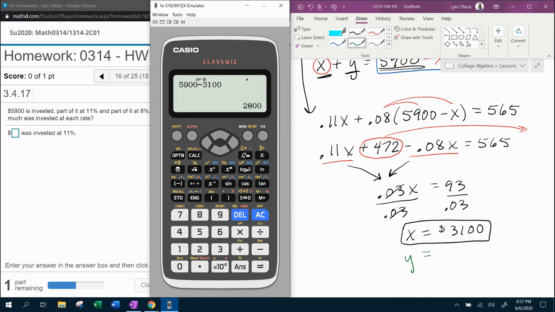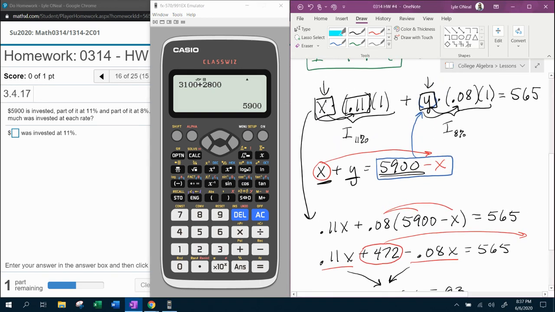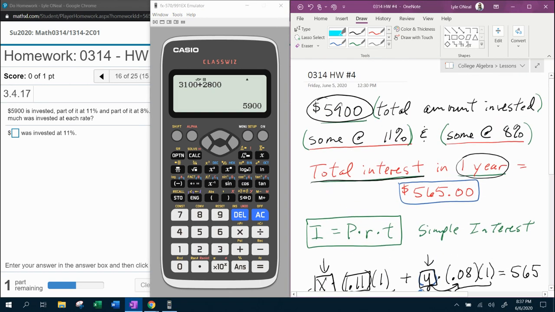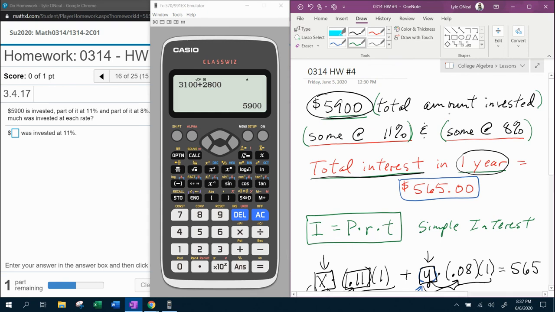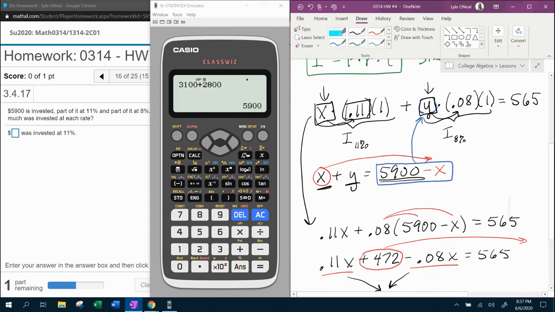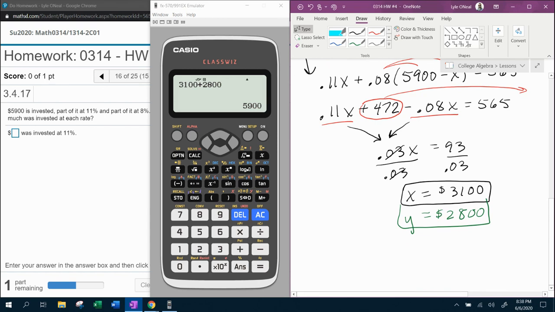That's going to be 2,800. $2,800. And if we check that real quick, 3,100 plus 2,800 has to be the amount that we invested originally. Remember, 5,900 total amount invested. And so if I add the two principals together, that's got to give me the 5,900.